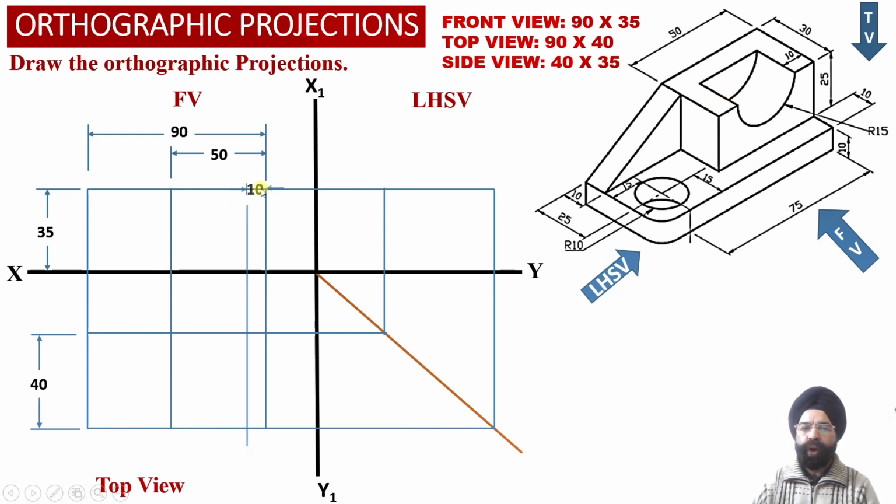So now from the right hand side face of the solid, we have marked a distance of 10 millimeter corresponding to this horizontal surface which is available at the right hand side surface of the solid, and we have obtained a vertical projector line into the front view projections, and we have extended this vertical projector line into the top view projections as well.